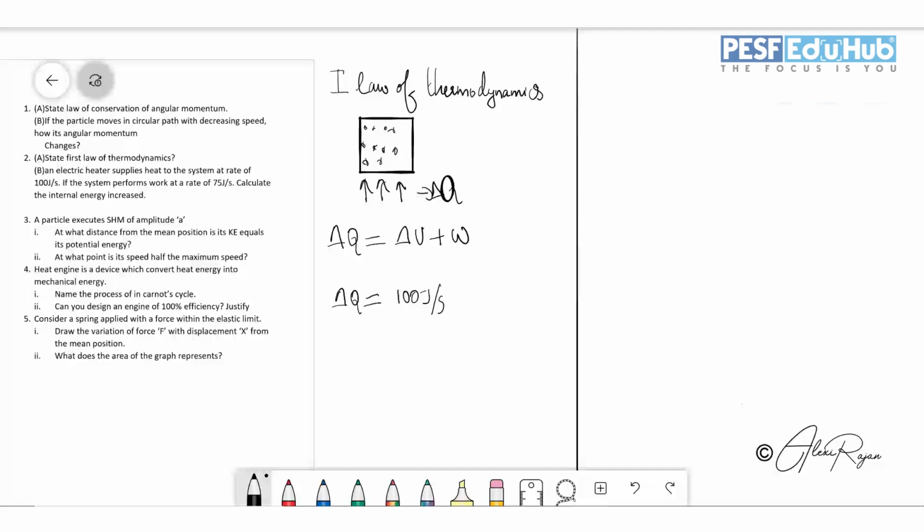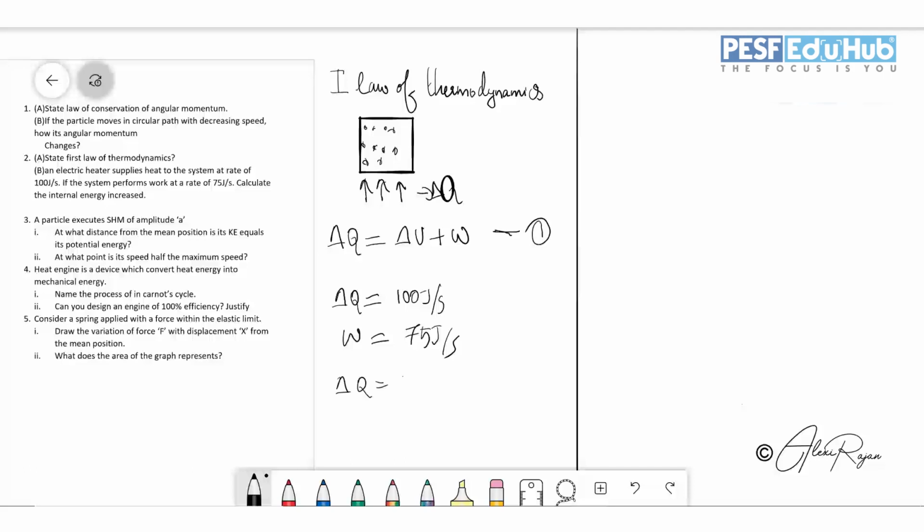Now if the system is working at a rate of 75 joules per second, we are just taking a second. So in a second it is doing work of 75 joules. You want to find out the change in internal energy. So from the first equation, the equation for the first law of thermodynamics, equation 1, we substitute those values.